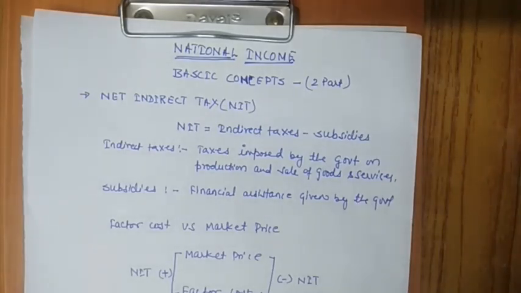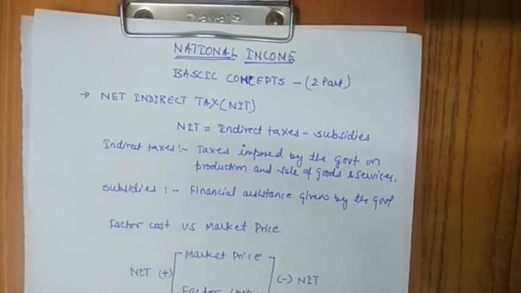Next, subsidies. Subsidies refers to the financial assistance given by the government to enterprises on the production of certain commodities. Thus, an LPG cylinder which comes to your house at a subsidized rate is an example of subsidies.